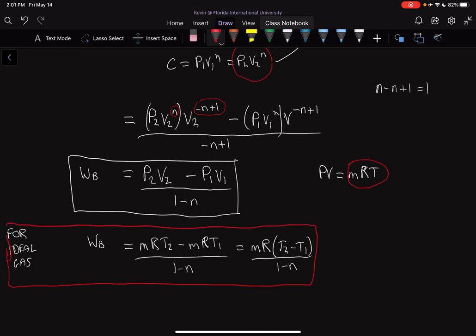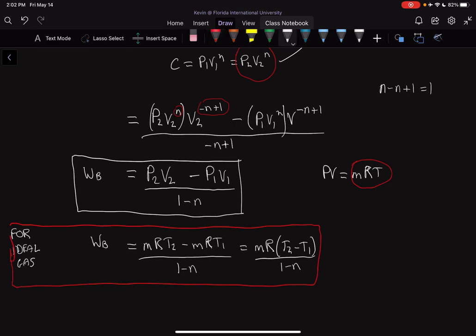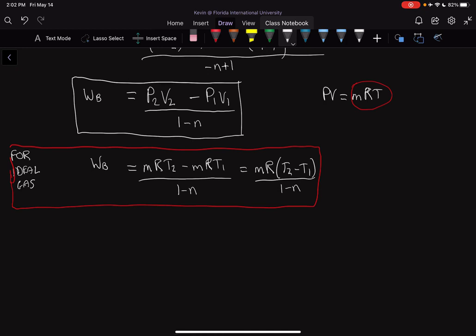Okay? So now, what happens if n is equal to 1? What happens if n is equal to 1 to our above equation? We have work boundary as P2V2 minus P1V1 over 1 minus n.